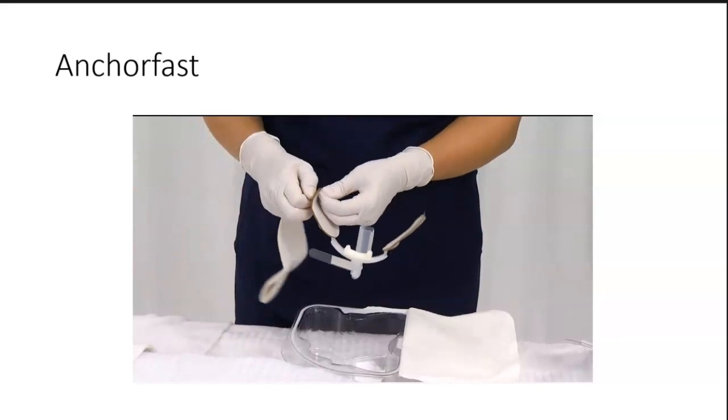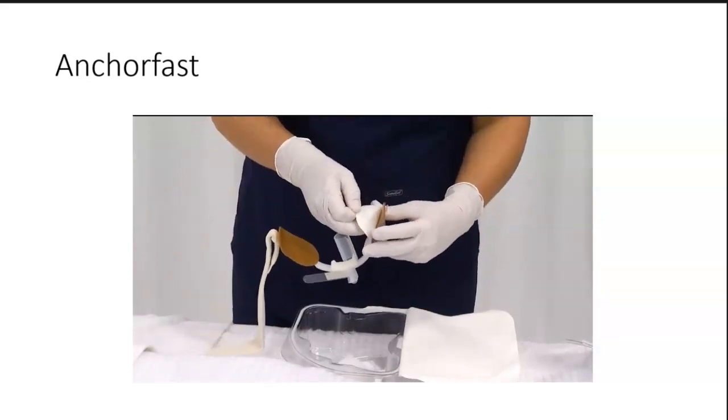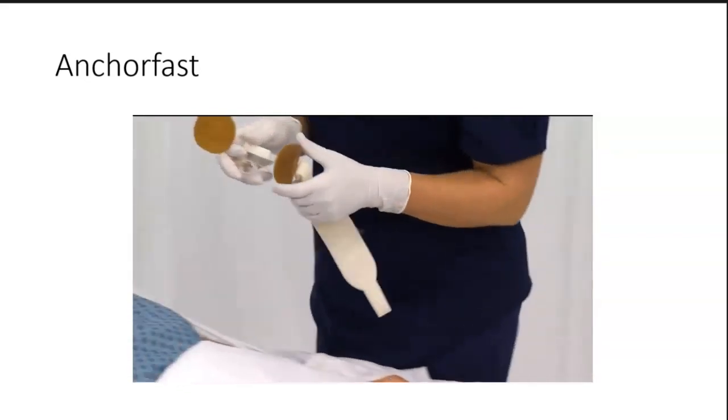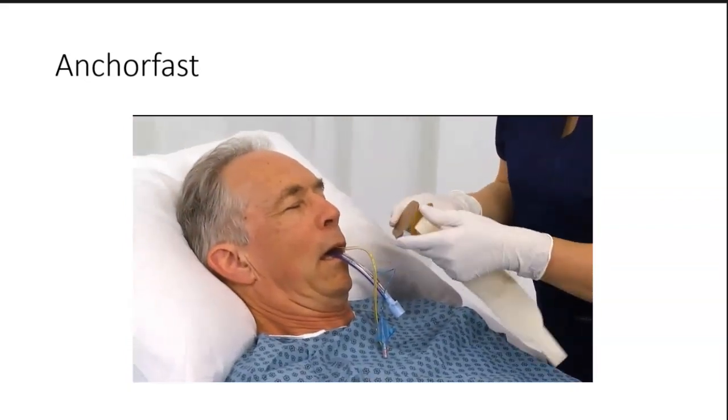Remove the release liners from the two skin barrier pads. Pull back gently on the skin barrier pads so that they are out of the way to prepare for application.